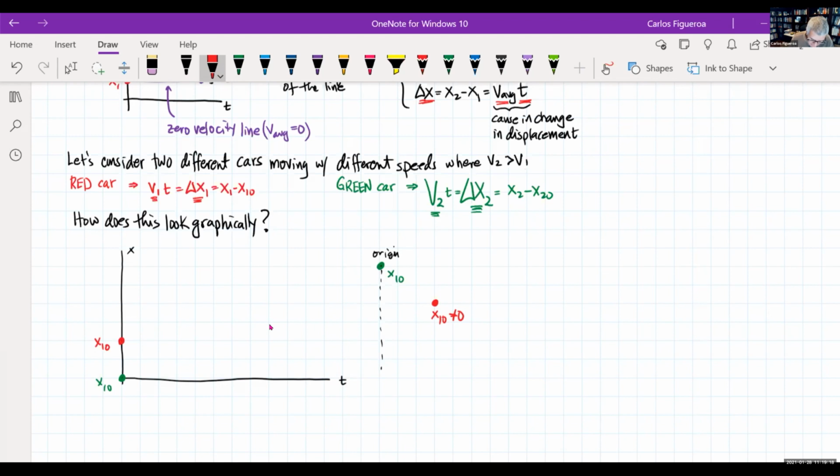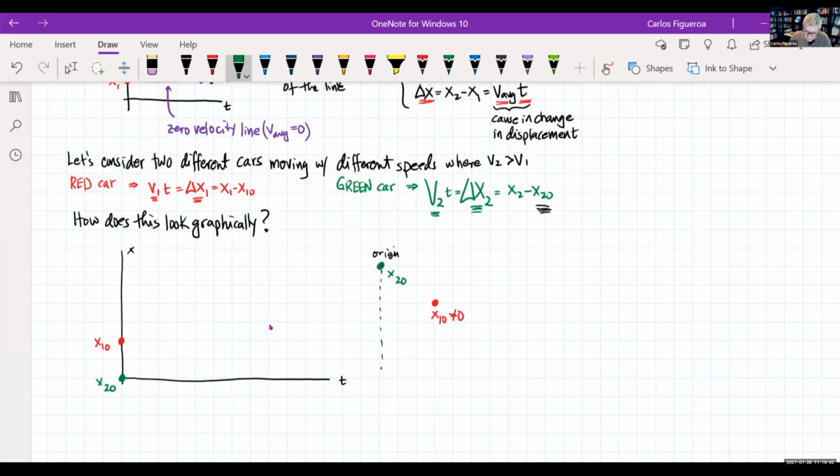Now, you know what? I think I have to go back and change my notation. Note that right here, I wrote x2 naught, but right here, I wrote x1 naught. So I'm going to come back and erase that, and so that I'm sticking with the same notation, I'm going to write this as 2 initial.